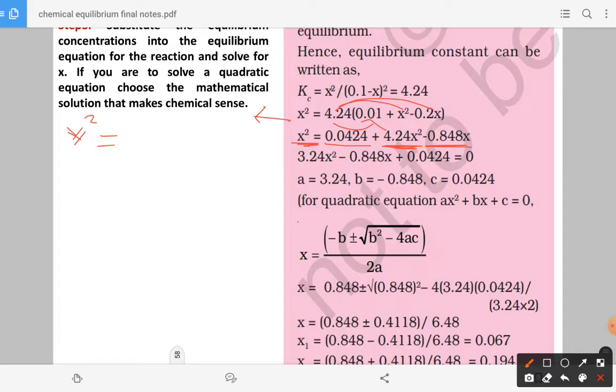Now if you bring them together, I am bringing this term to this side.